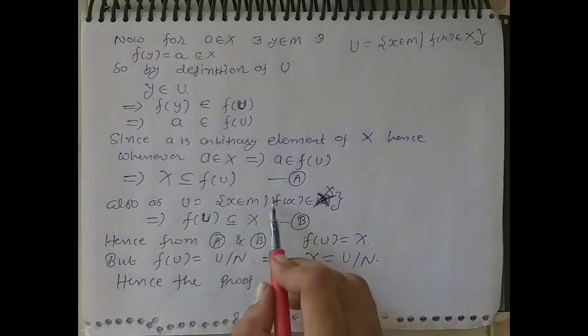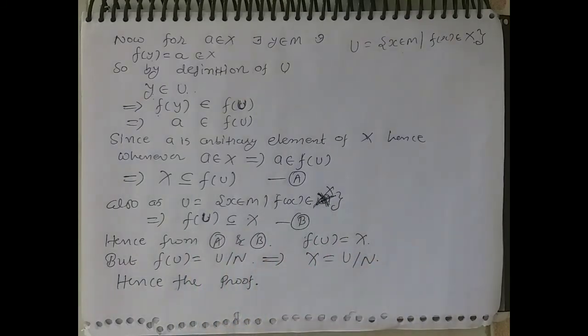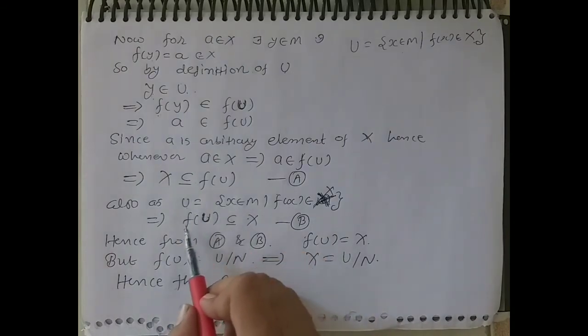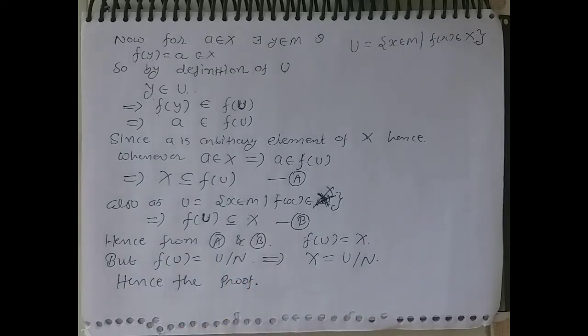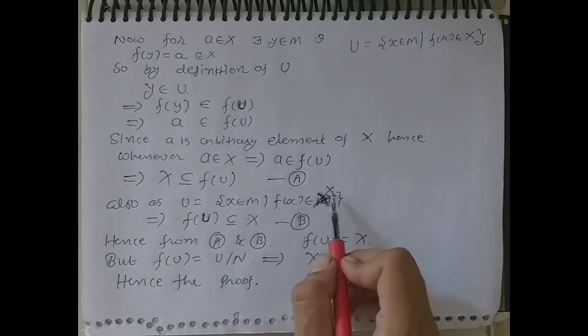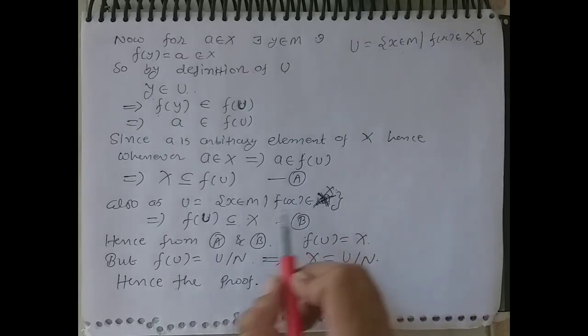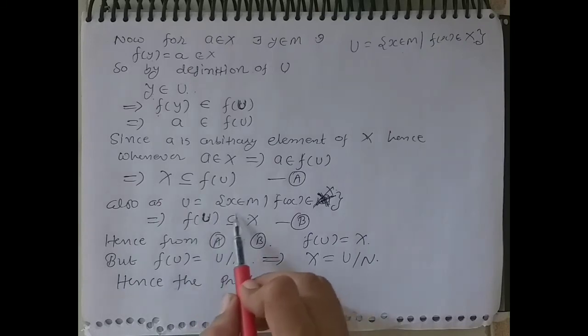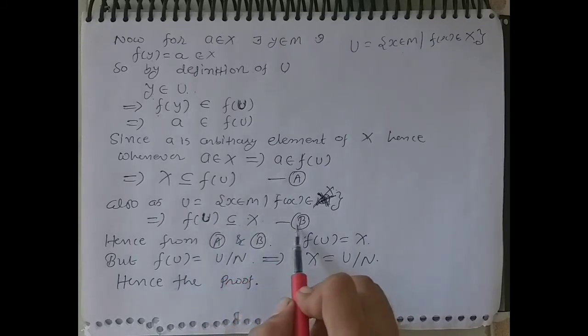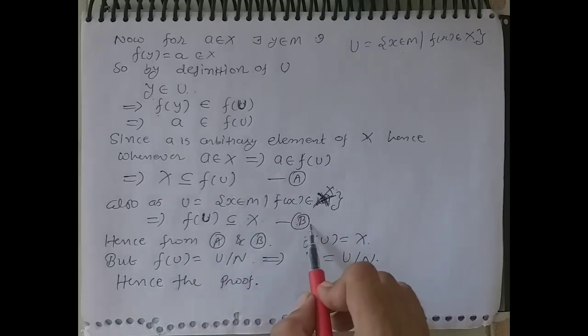Now again, U is the set of all x belongs to M where f of x belongs to X. Whenever we apply the canonical mapping on U, we get f of U is also a subset of X, because here all elements belong to X. This is result b.